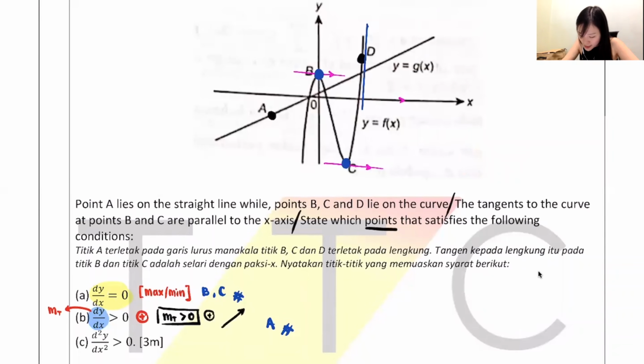Wait, why the answer they never write point D? Wait, it made me struggle a bit. What you saying is correct. What can I say? My dear, now this one, I will look through it, okay?